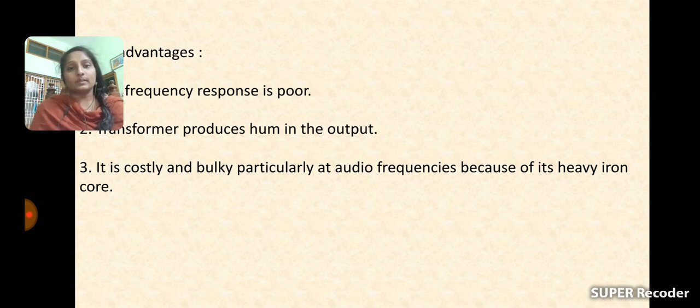And it is costly and bulky, particularly at audio frequencies, because of its heavy iron core. If we are working with a transformer, it is a bulky device, and it is also costly because transformers are expensive compared to transistors, capacitors and resistors. So what are the demerits of this transformer coupled amplifier? Frequency response is poor, the transformer produces hum in the output, meaning noise, and it is costly and bulky, particularly at audio frequencies, because of its heavy iron core.